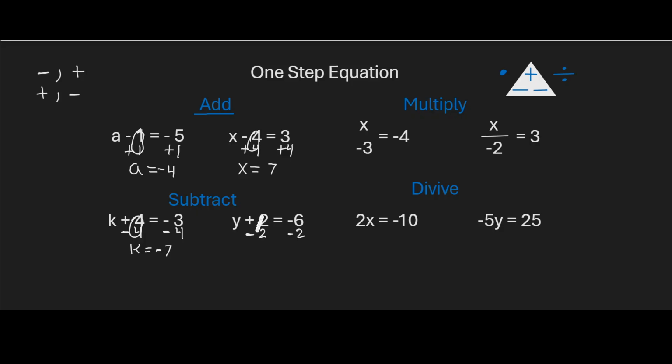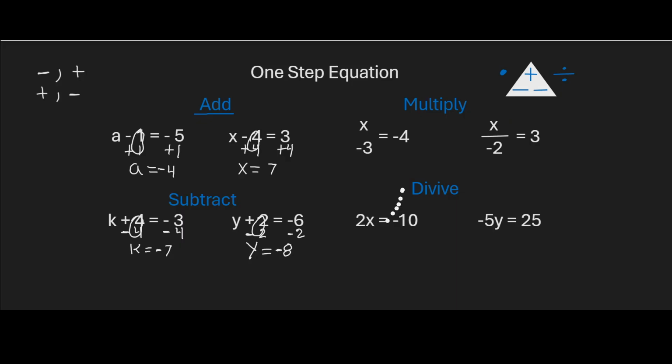Adding positive and -2, that is going to be 0. And that's how we get y equals. Can you see that they have the same sign? Whenever they have the same sign, you're going to add it up and you're going to keep the sign. So the answer should be y equals -8.